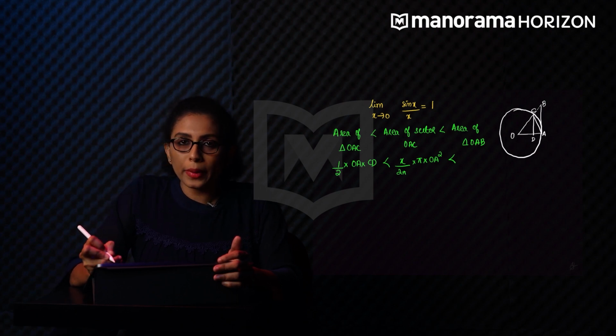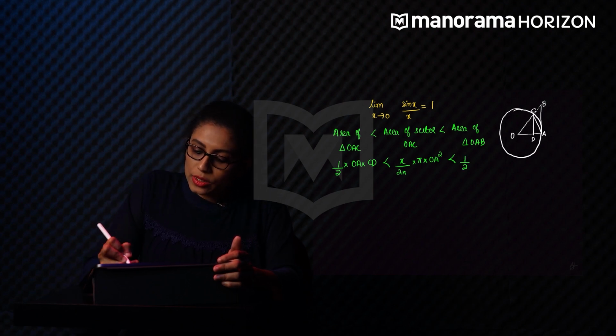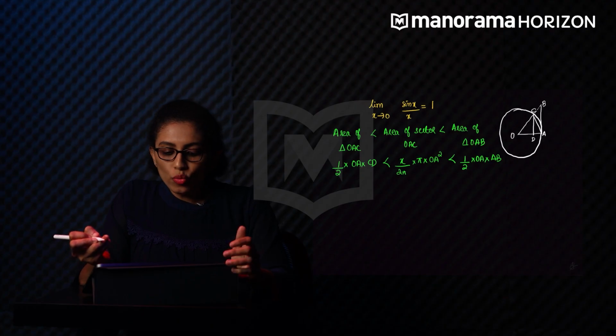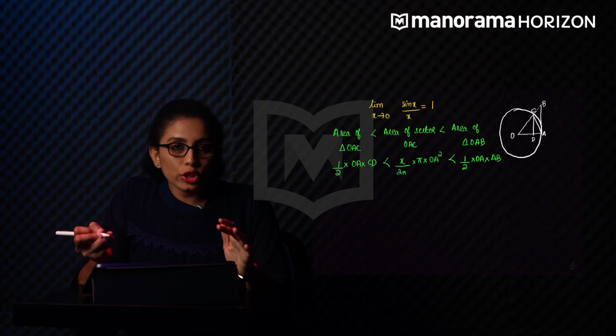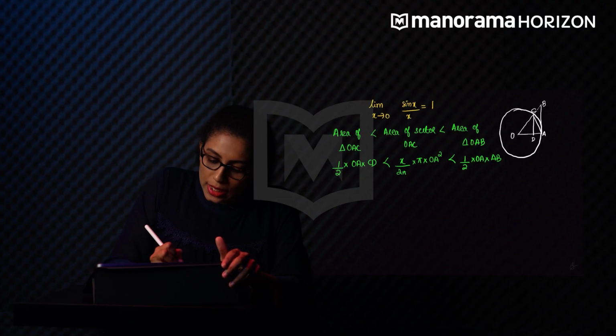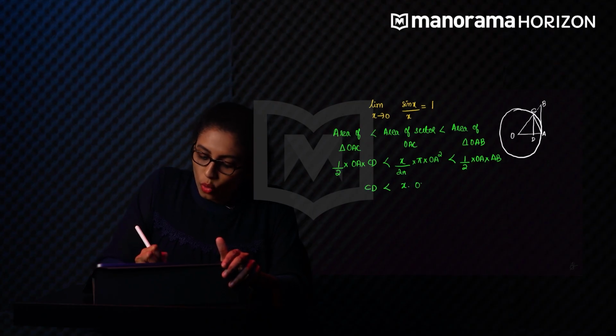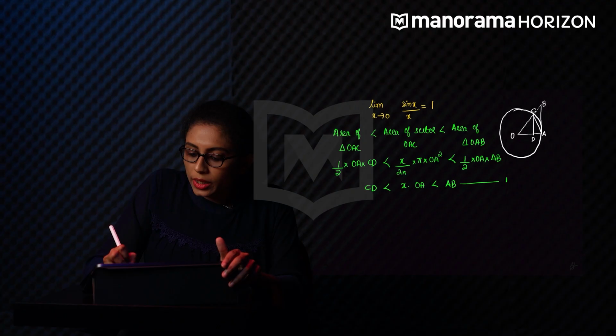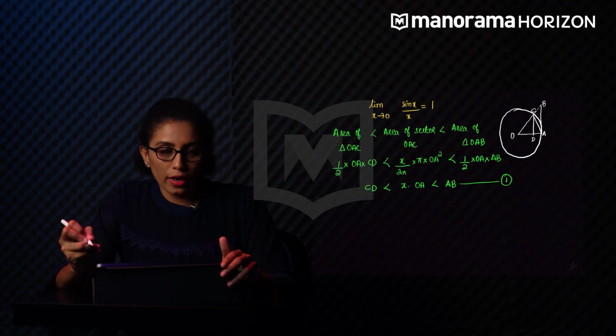In triangle OAB, the base is OA into height AB, right? Now we can cancel OA by 2, right? And what is left? CD less than x into OA less than AB. Now mark it as equation number 1.